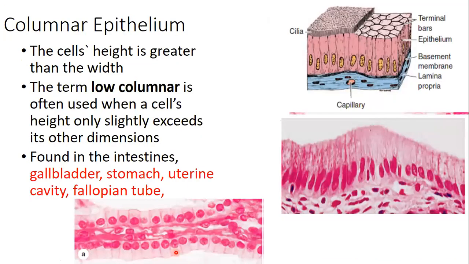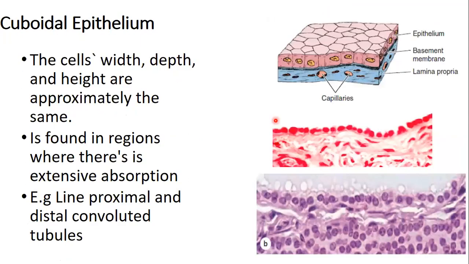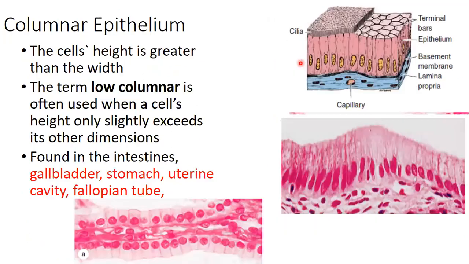We are looking at a layer of cells. Here it's just one layer, one layer, one layer. But we also added the shape of cells. One layer, but the cells are flat. We call it simple squamous epithelium. One layer, but the cells are cubic in shape. So we call it simple cuboid epithelium.